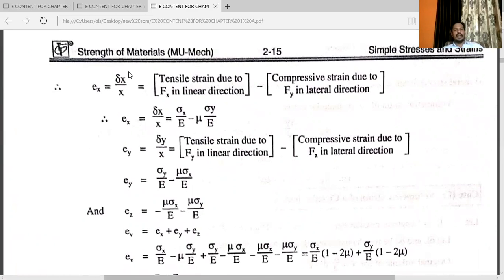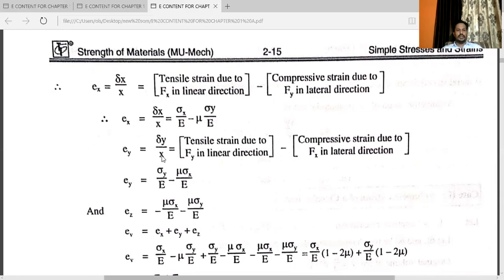So here you can see Ex is equal to delta x upon x. So the tensile strain due to Fx in the linear direction minus compressive strain due to Fy in the lateral direction. So the formula will be Ex is equal to delta x upon x is equal to sigma x upon E minus mu into sigma y upon E. Ey is equal to delta y upon y.